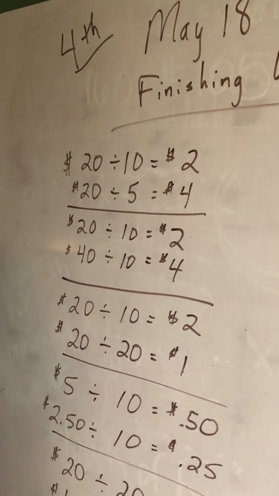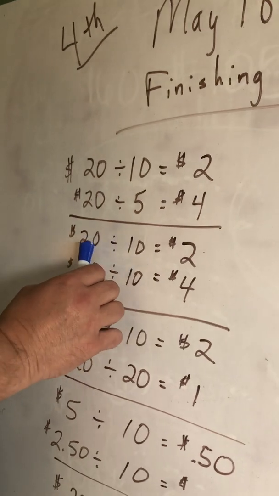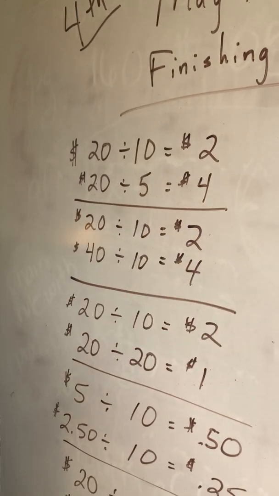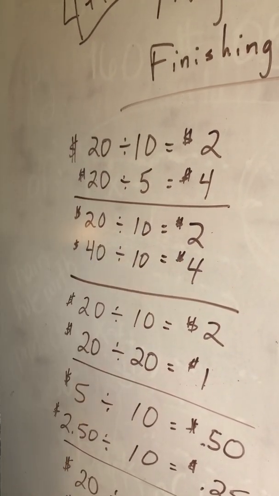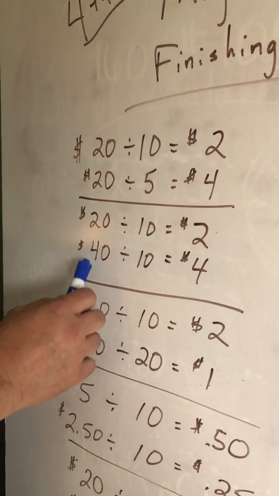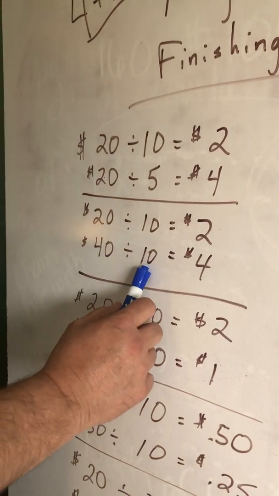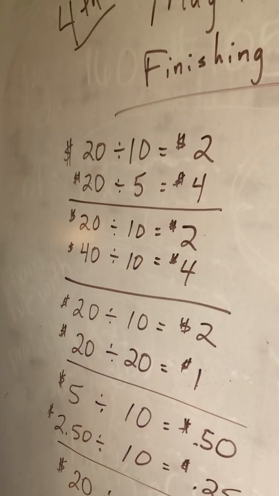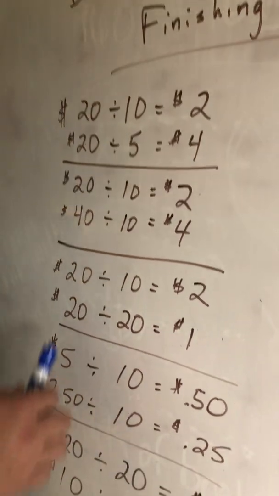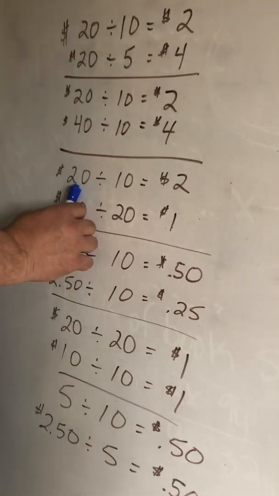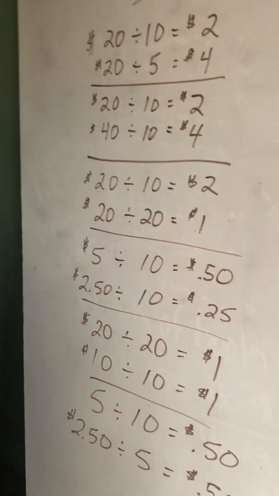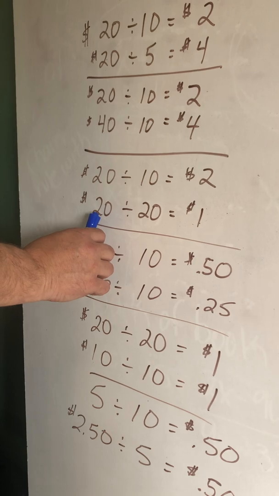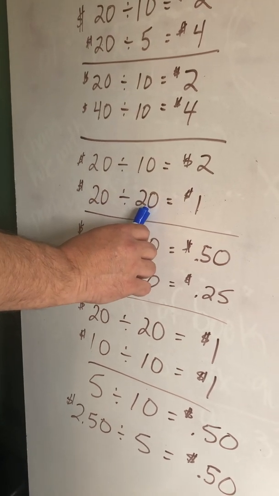Then we did $20 divided by 10 equals $2 apiece, and then we doubled the money. If you double the money and you're still dividing among 10 people, they each get $4, double. What if we do $20 divided by 10 equals 2, our original problem, and then we double the divisor?